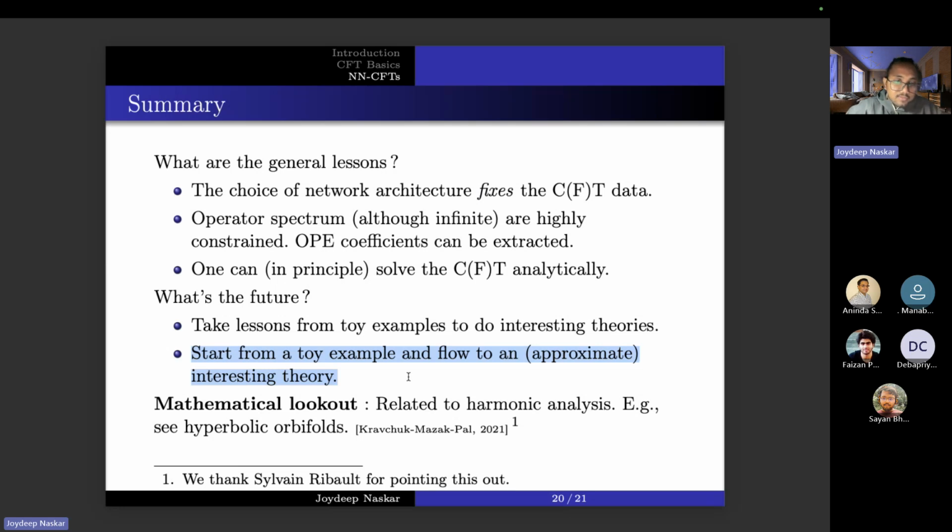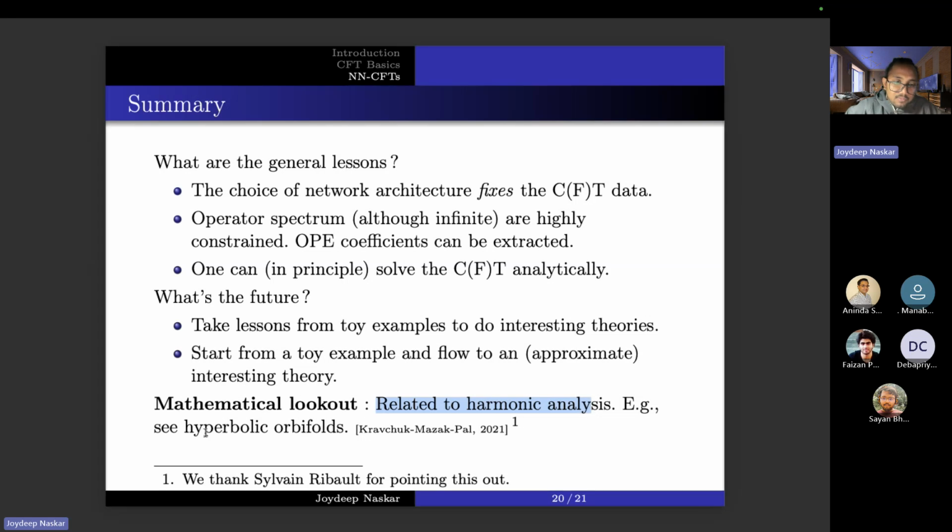That's the hope. And if you're more interested in math, this was pointed out by Professor Sylvain Rivault, that these are related to harmonic analysis.